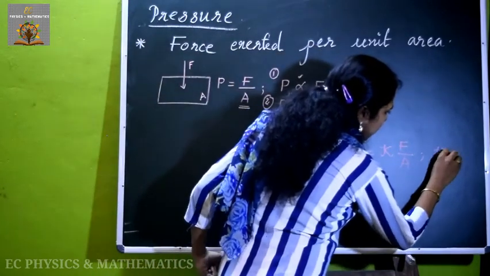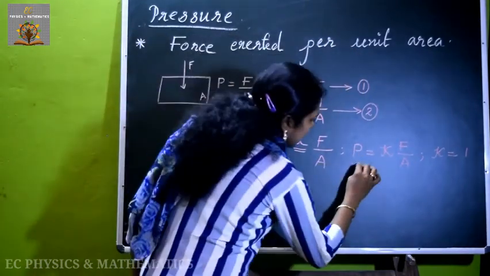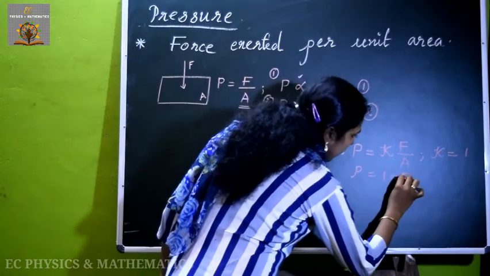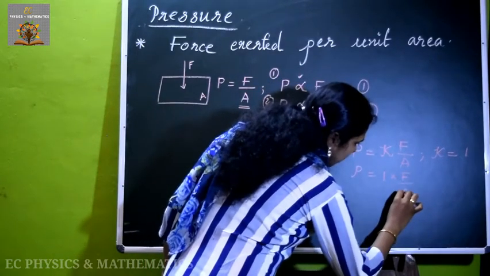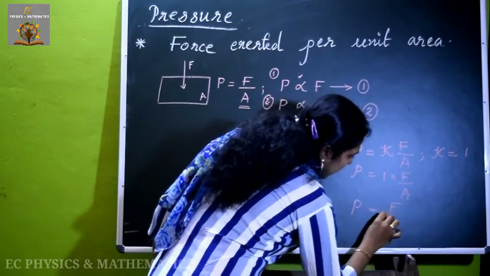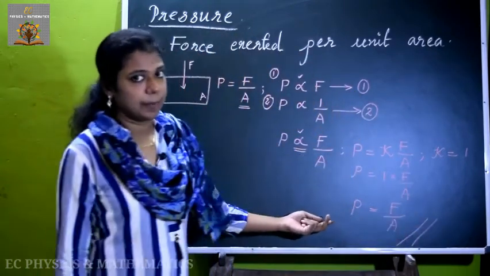K is equal to 1. So this equation will change like this: P is equal to 1 into F by A. So P is equal to F by A. This is the equation of pressure.